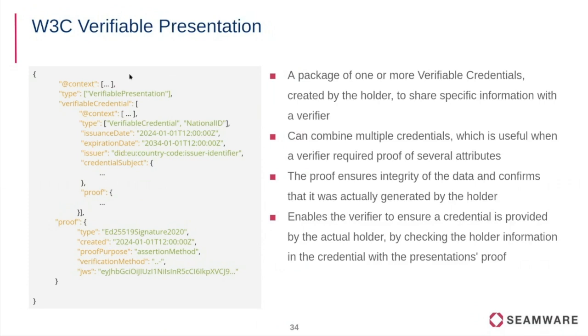I do this by signing my presentation with my key, which is the same key that this ID card was bound to. So that, in the data space case, for example, only the user that actually was given the permission or the credential as, let's say, a data analyst is able to use this data analyst credential, and not just give it away to the working student to also use it.